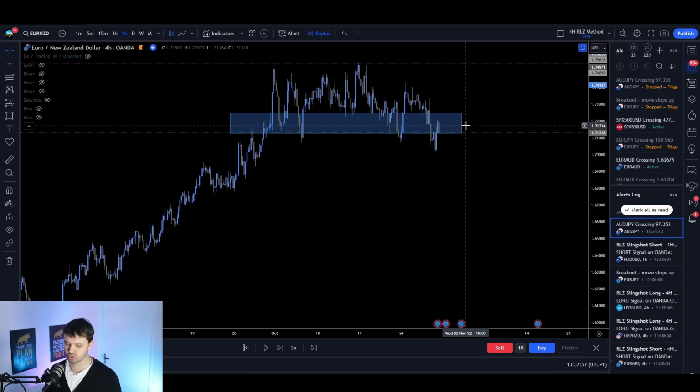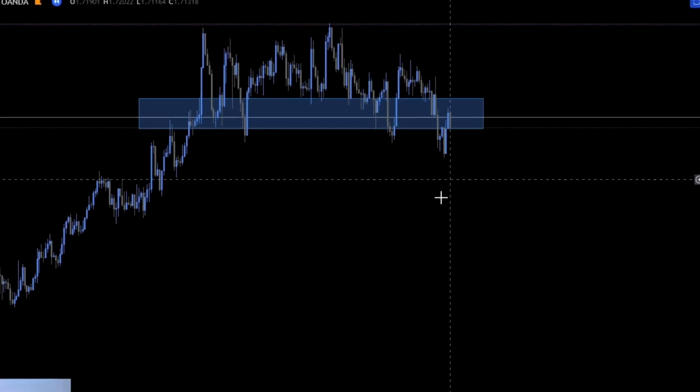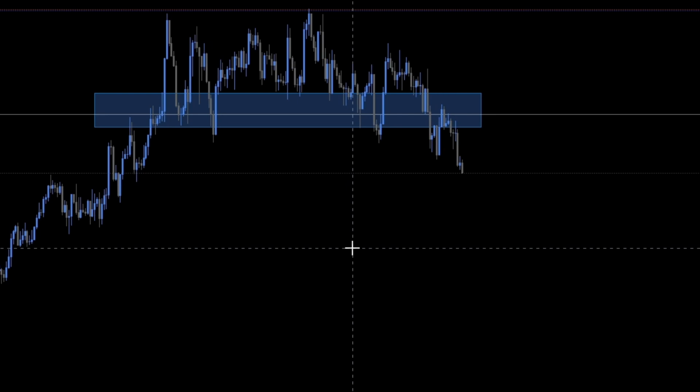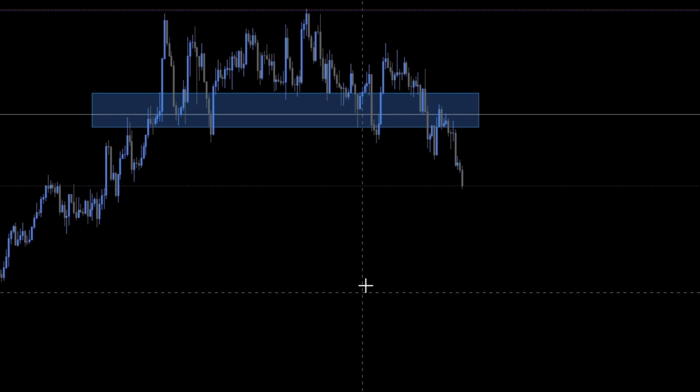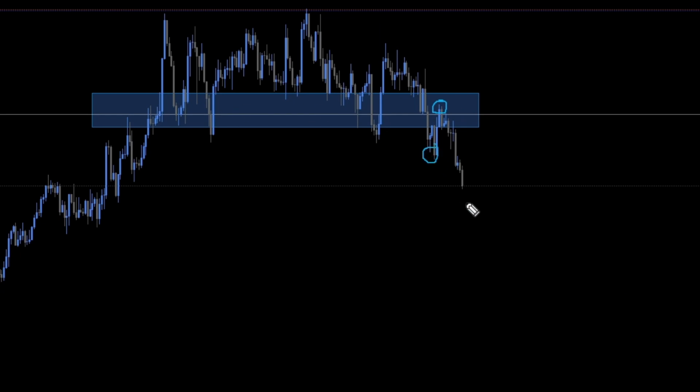Let's say you short somewhere in this area right here at the white level, when we have that rejection at the range, the middle of the range or the low of the range, and then we have a lower low and another lower low, and we can now see that this looks like a new trend that is forming.